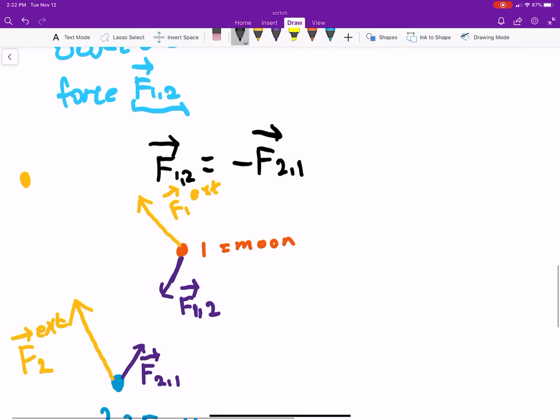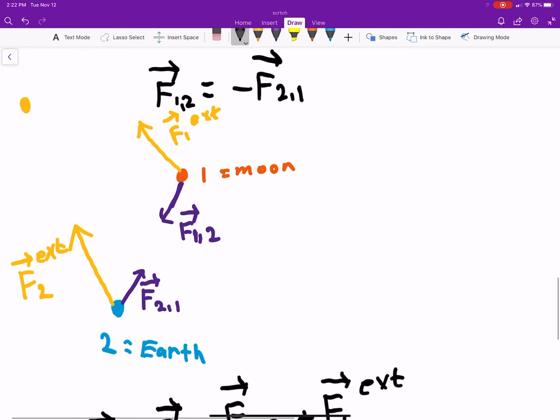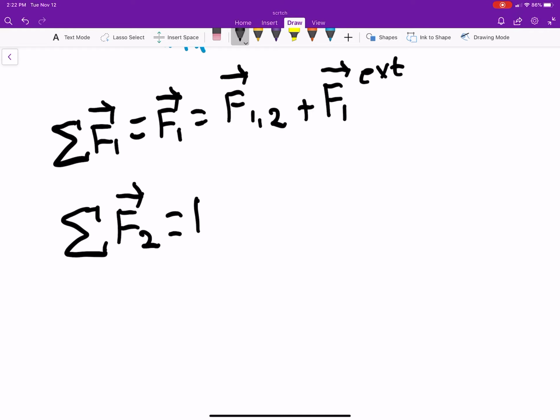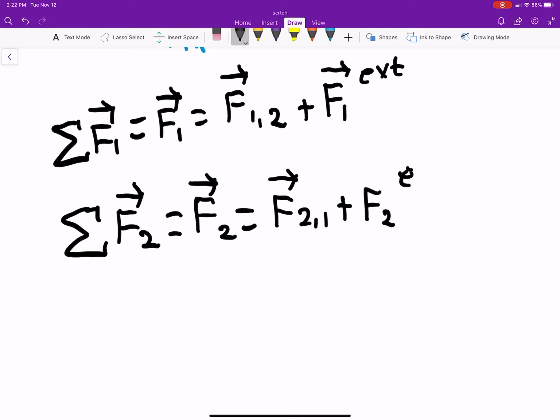And in fact, you could think of external forces as not just being the sun. Maybe it's the other planets, the vector sum of all the other forces acting on the moon. Likewise, if we look at F2, the sum of all the forces on 2, that's going to be 1 onto 2 plus F2 external. Same logic, right?